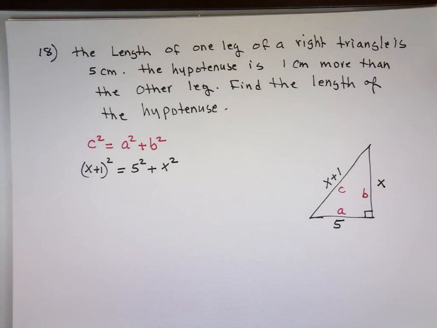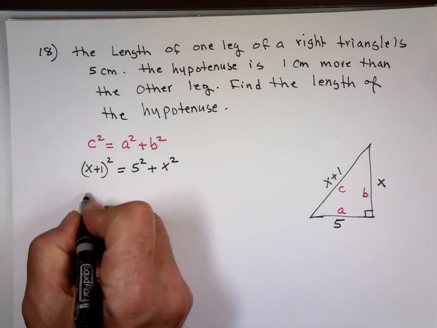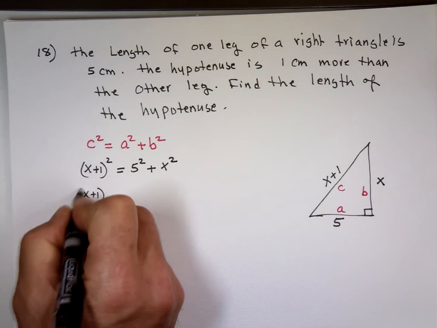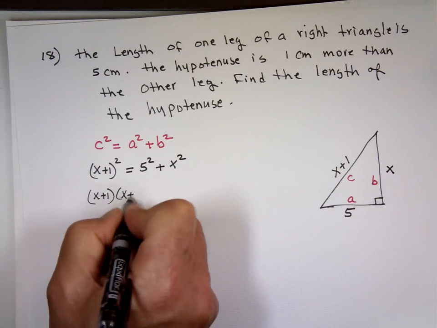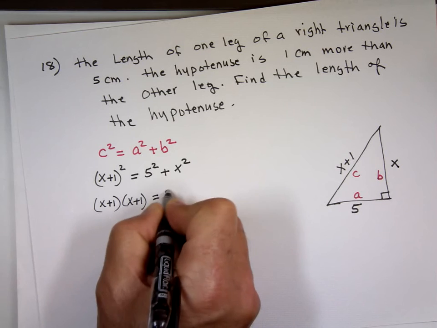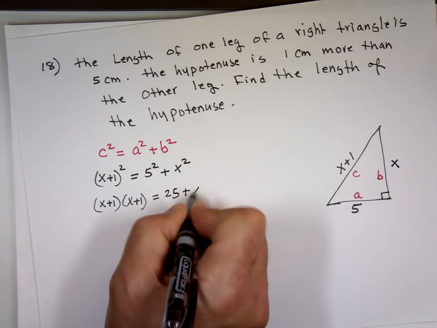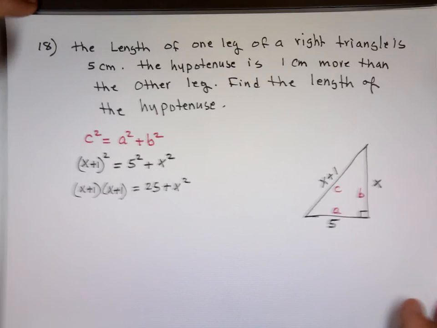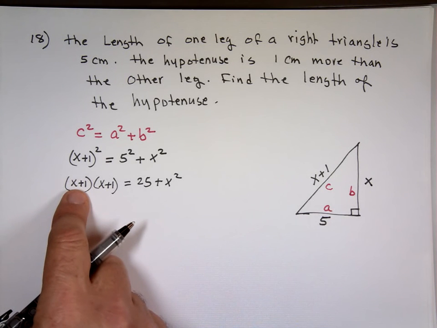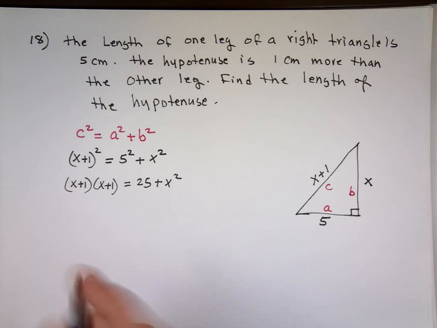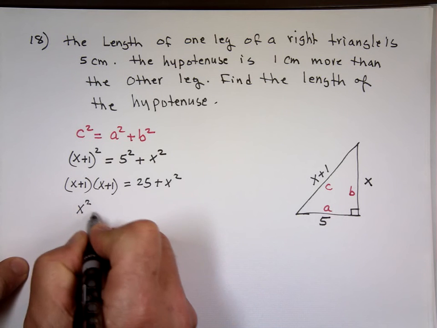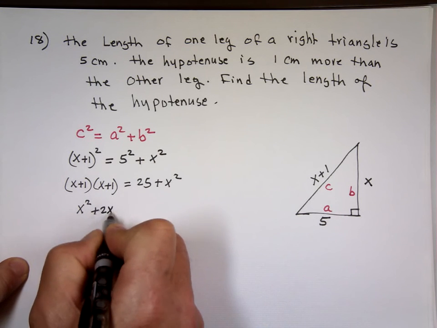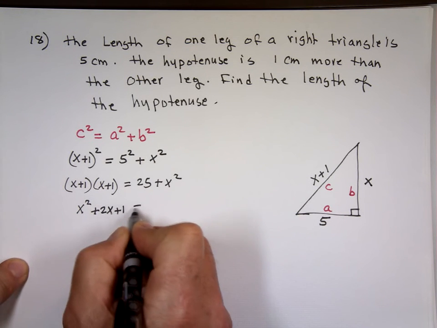This is x plus 1 times x plus 1 equals 25 plus x squared. When you FOIL this, remember you're FOILing from algebra? This will be x squared plus 2x plus 1 equals 25 plus x squared.